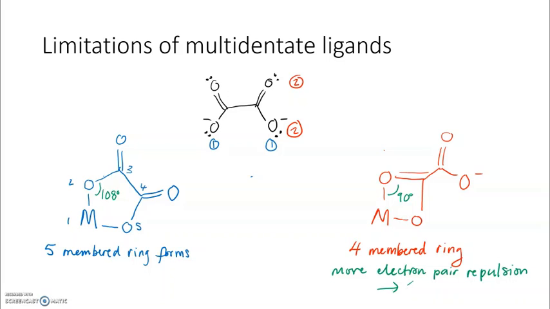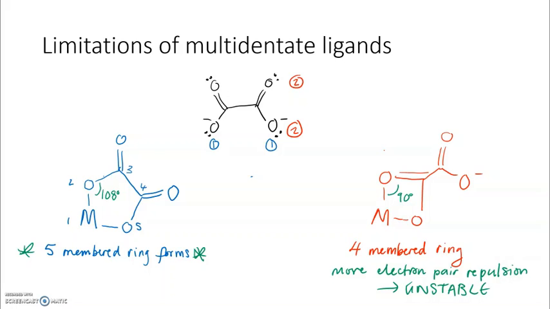And this makes the complex unstable. 4-membered rings do not happen. 5-membered rings are pretty much ideal. You've got enough space between the bond pairs to minimize electron pair repulsion. 4-membered rings, not so much.